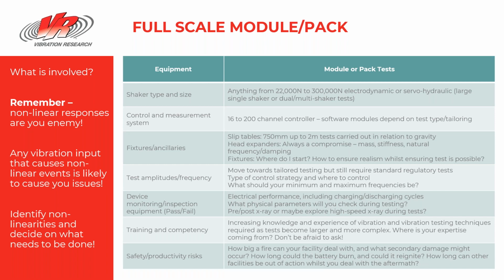Again, I know we covered this earlier, but for control systems you could be looking at anywhere from a 16 to a 200 channel controller, and the software modules you need to run your different test types.